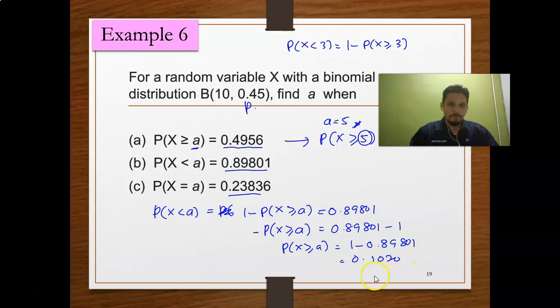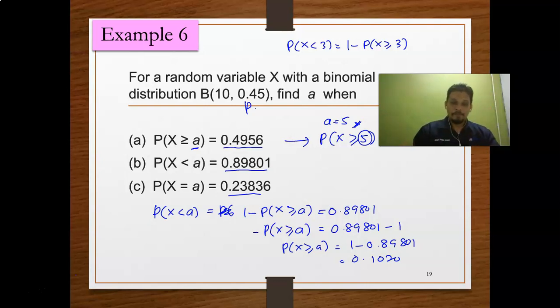0.1020. Okay, so 0.1020, again, when the number of trials is equal to 10 and p is 0.45. 0.1020 refers to this one here where r equal to 7.